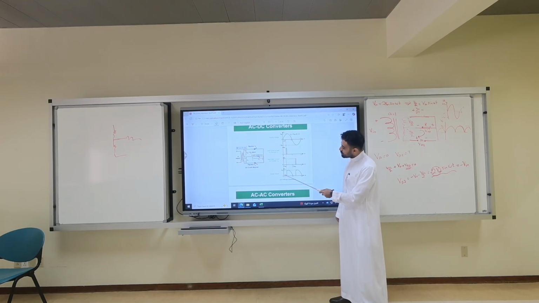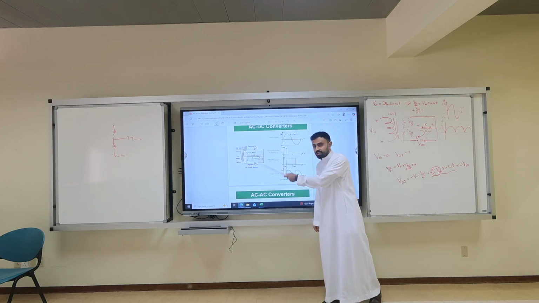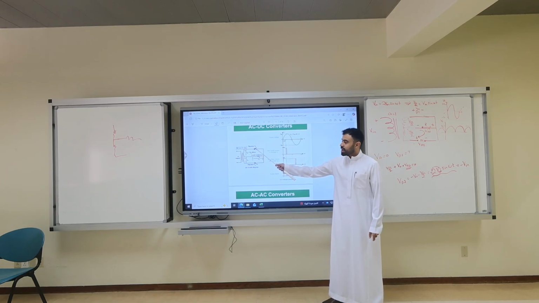Because we chop some of the signal. This is same as a center tap rectifier, except we delay the firing, we delay the conducting of thyristor 1 (T1) to be on until we fire it with a pulse.